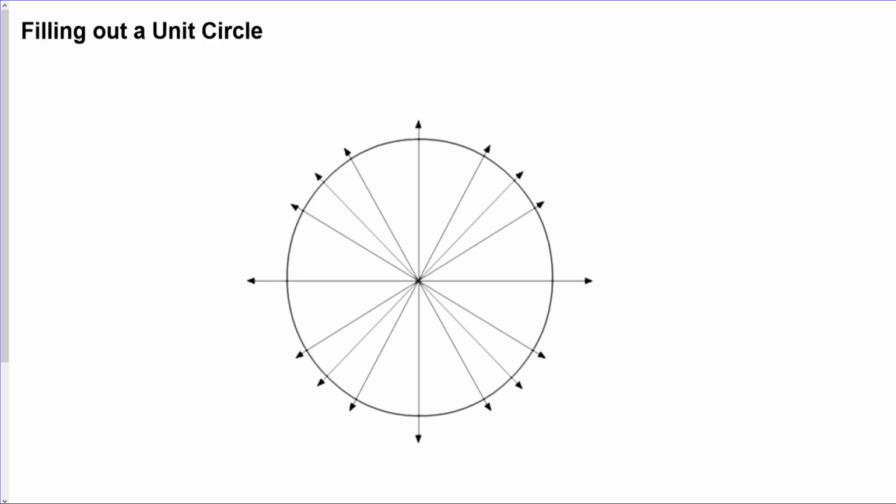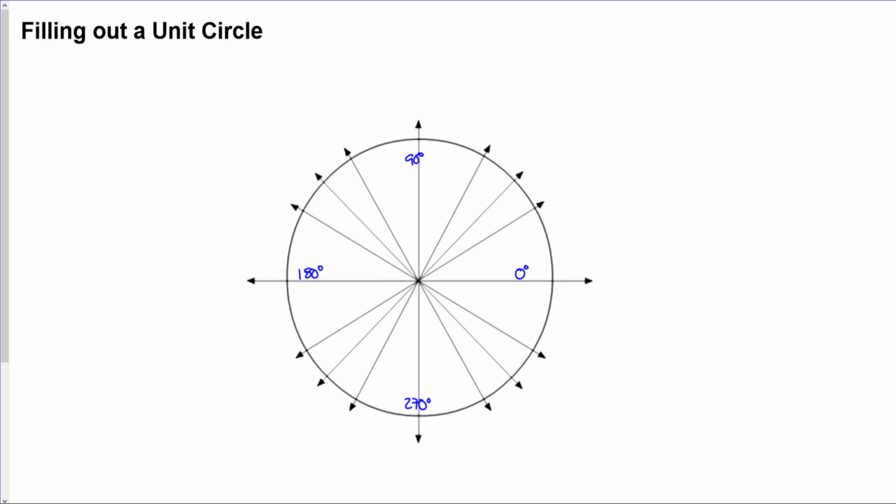So first things first, I put my angle measures on here. I just start with the quadrantal angles. So 0 degrees, 90 degrees, 180 degrees, and 270 degrees.